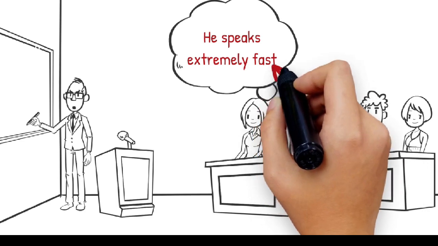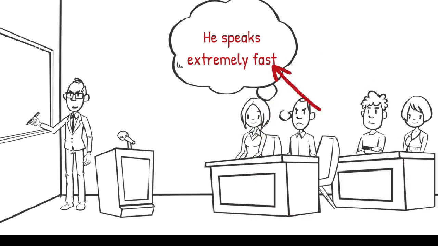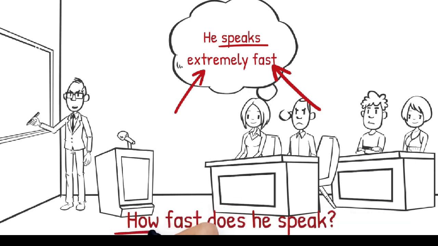The word fast is an adverb, which describes the verb speak. And the word extremely is also an adverb, which modifies the adverb fast. How fast does he speak? Extremely fast.